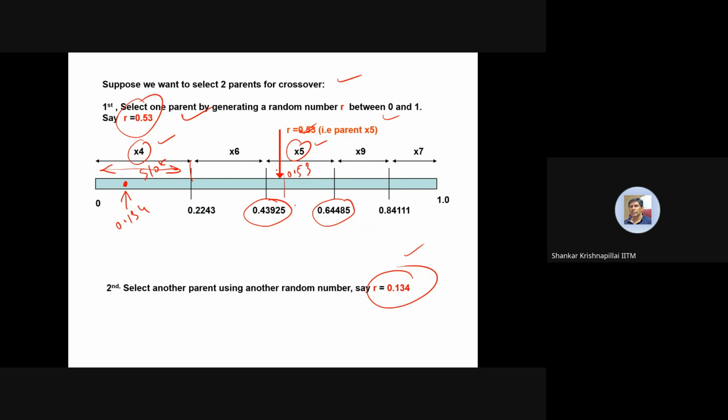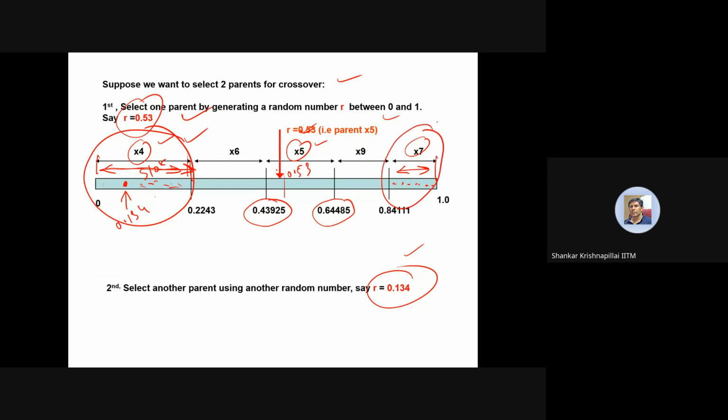The first parent is X5. We can see that parents which have a larger length of slot are likely to get more random numbers to fall within that range. And parents which have a shorter length of slot are likely to get fewer random numbers to fall in that slot. So this automatically gives importance to high fitness parents like X4.